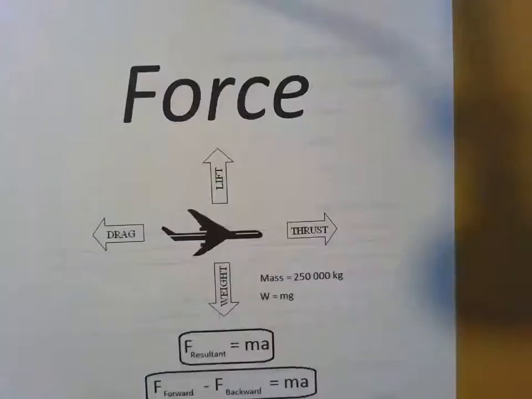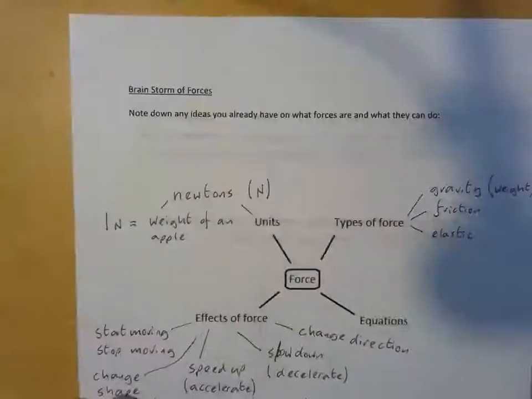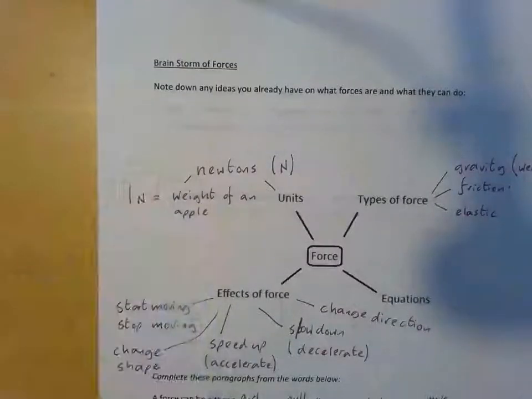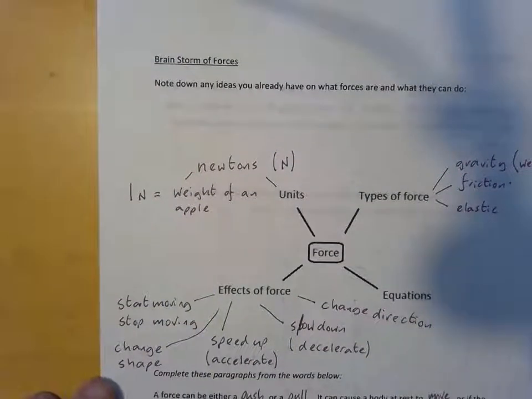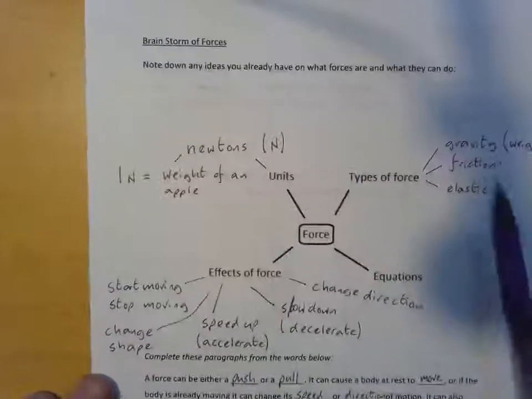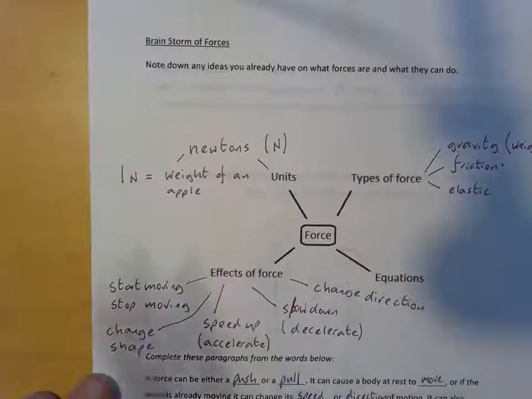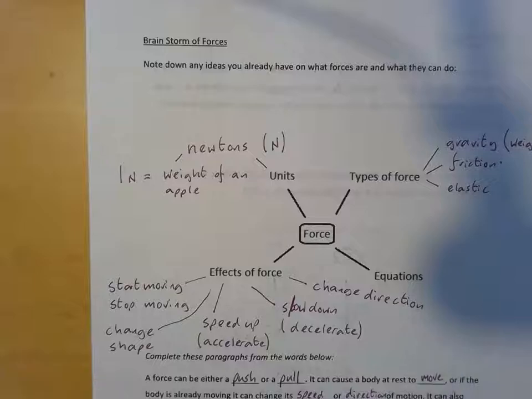Okay, we looked at our first page, which we didn't fill in. Second page, didn't fill in yet. Third page, brainstorm of forces. Yes, did that. So we looked at force as a push or a pull, different types of force, the unit of force, and what forces can do.